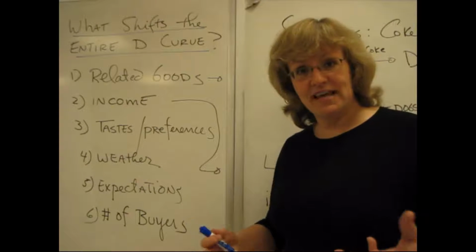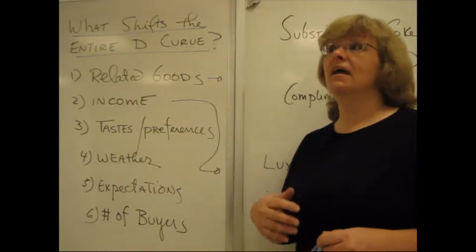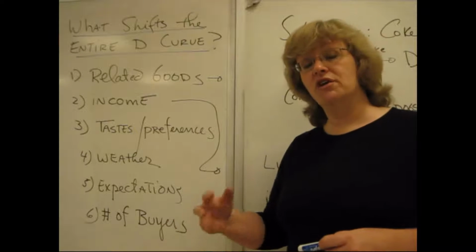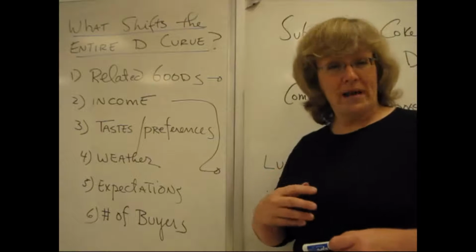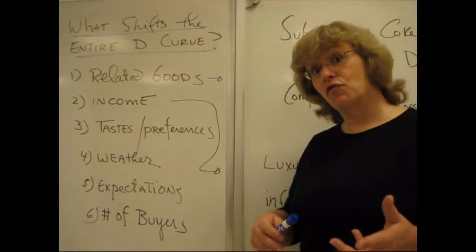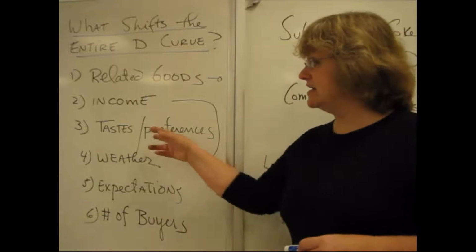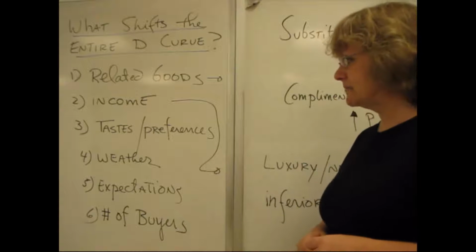Those are taste and preference changes. There can also be long-term changes, like in the American economy, there's been a shift away from certain kinds of beef to more white meats like chicken and pork in consumption, a shift towards fish for health reasons. That's also a taste and preference change that can affect demand over more of a long-term basis.